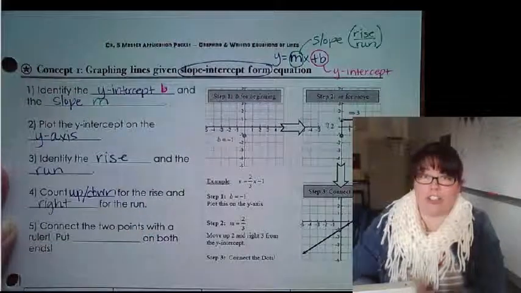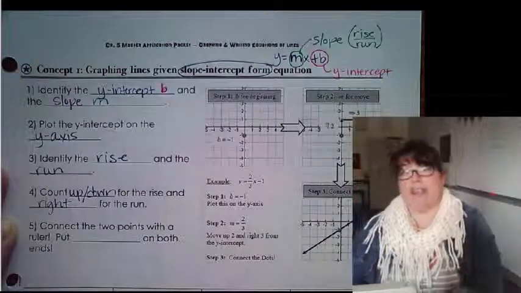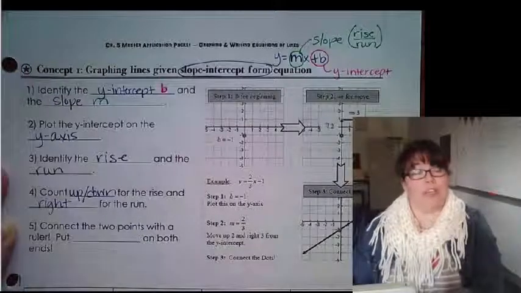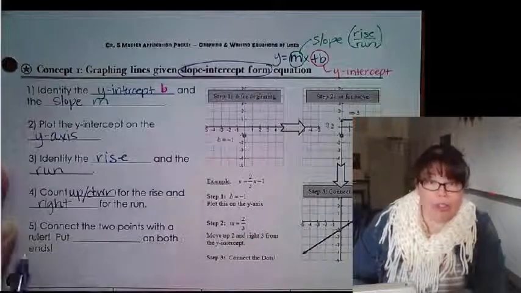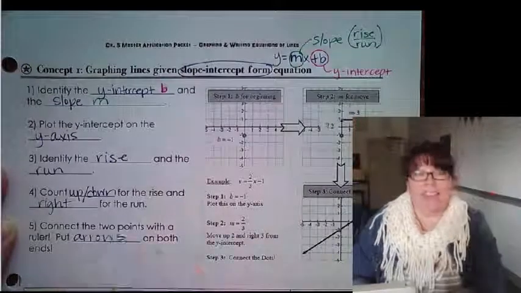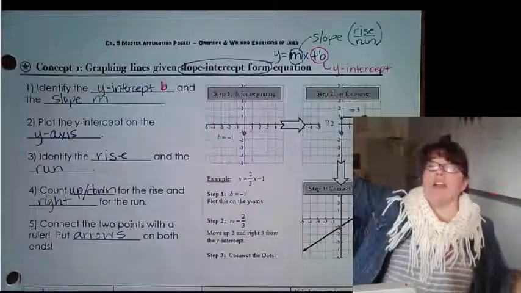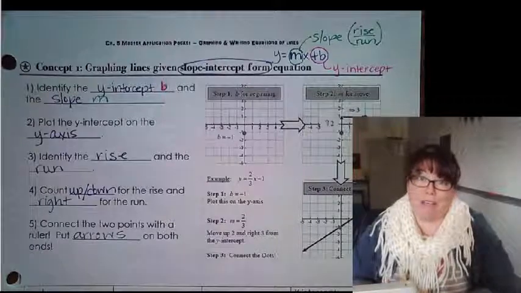And that's how it should always be. You should always try to go up or down first and then to the right to find your next point that you can connect. Because lastly, you're going to connect those two points with a ruler, and always make sure to put arrows on both ends to show that this line goes on and on forever. It's not the same thing as a line segment, so that part is really important.